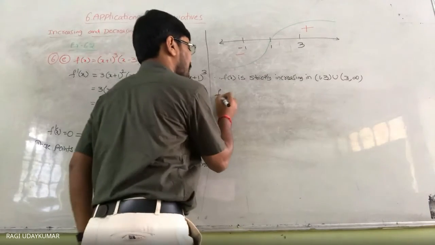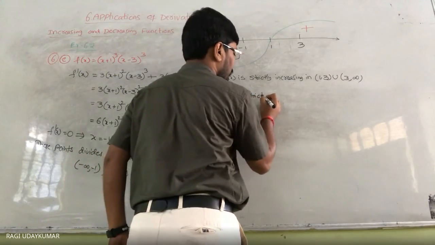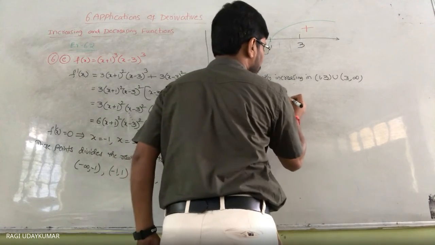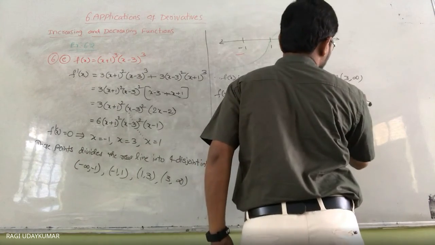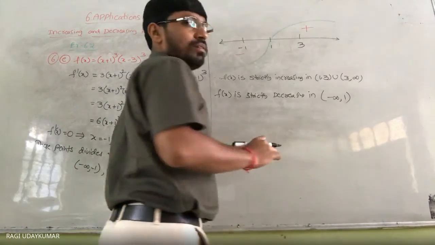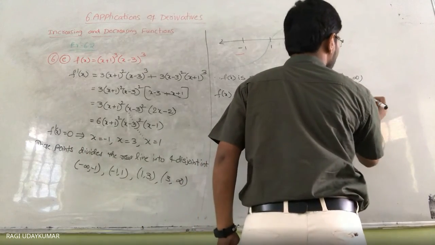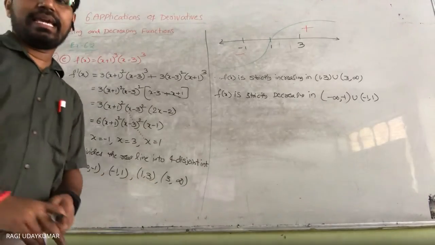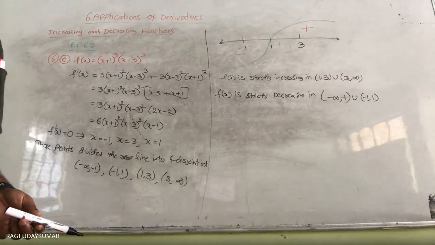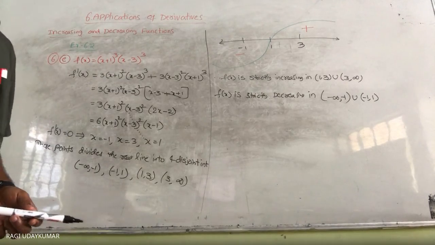So in the same way f of x is strictly decreasing in minus infinity to plus 1. No, wrong. Minus infinity to minus 1 union minus 1 to plus 1. ये लिखना है. इस प्रॉब्लम में ये थोड़ा सा कंफ्यूजन हो सकता है. There is a chance of little confusion in this problem.